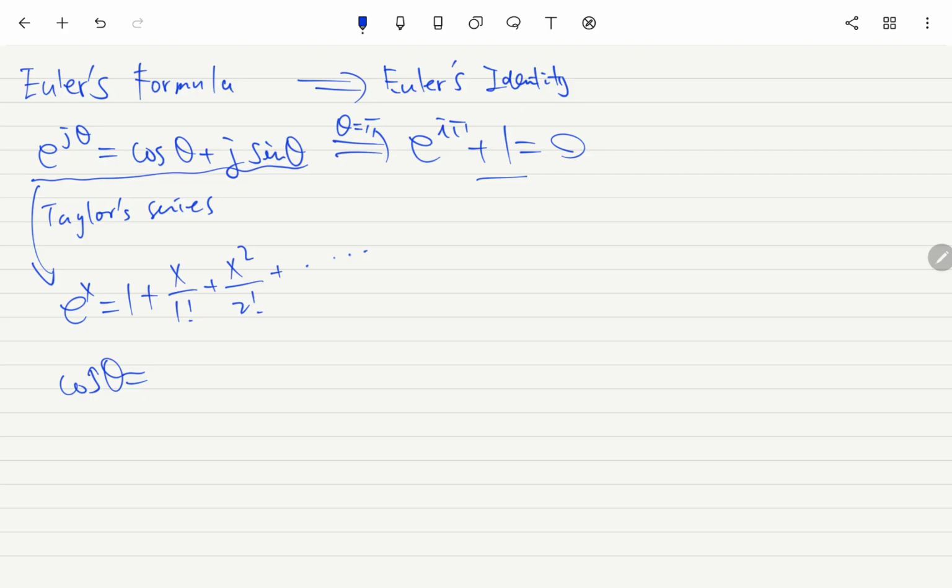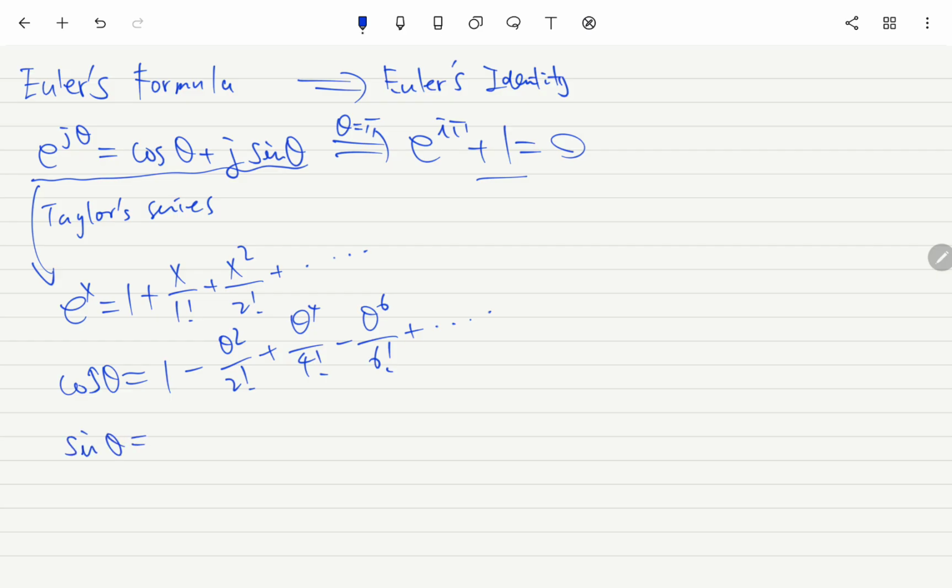Cosine of theta is 1 minus theta squared over 2 factorial plus theta to the 4th power over 4 factorial, minus theta to the 6th power over 6 factorial, and so on up to infinity, plus and minus for the even terms.